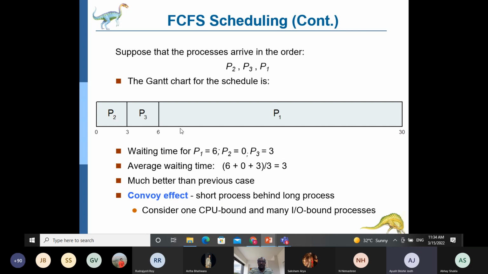Once it is completed, their turns are very small, so they will immediately execute, then go for IO again, come back, and wait for the larger CPU bound process to complete. So if you look at first come first serve, if there is a variation in the CPU bursts, the waiting time will be very disproportionate.